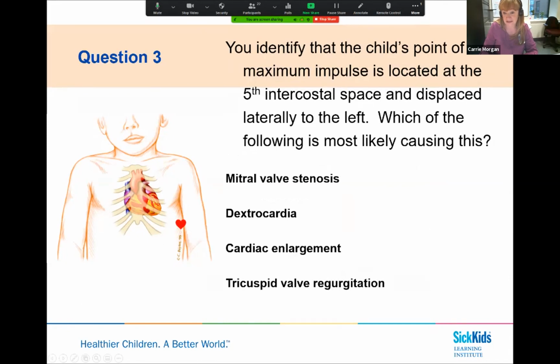Mitral valve stenosis, dextrocardia, cardiac enlargement, or tricuspid valve regurgitation? So the point of maximum impulse in a 6-year-old child is displaced laterally, at the 5th intercostal space but more to the left. Which is most likely causing it?